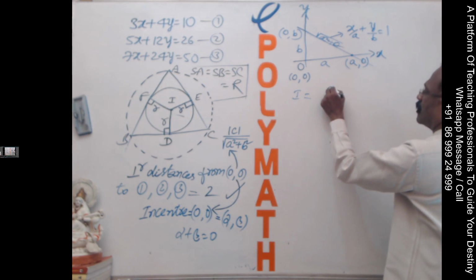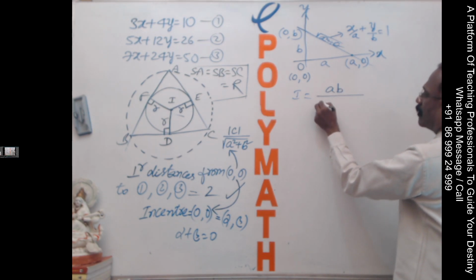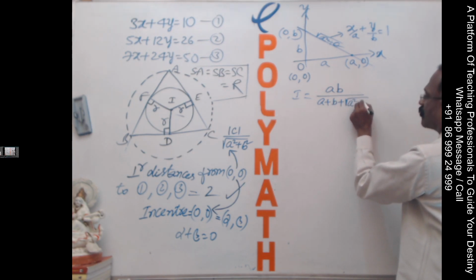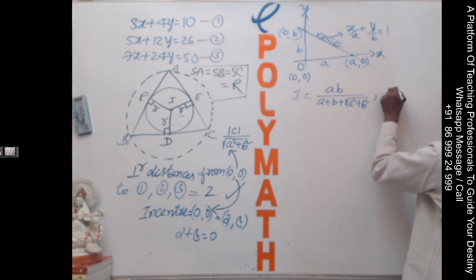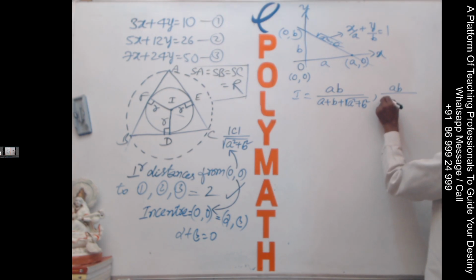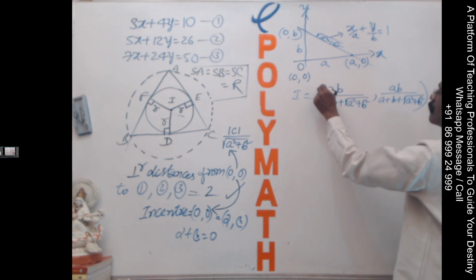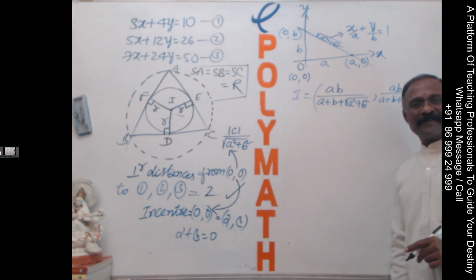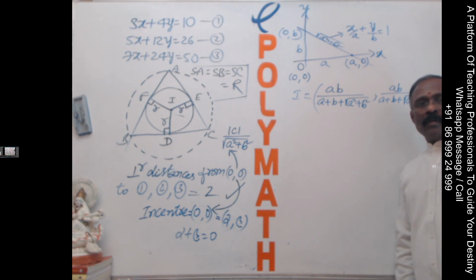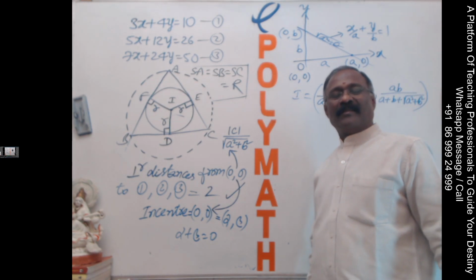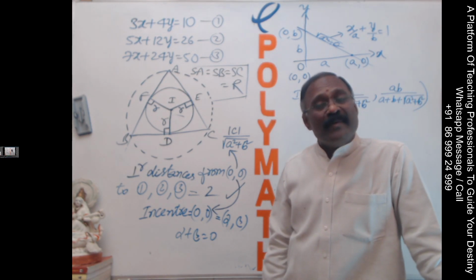In center is AB by a plus b plus root over a square plus b square, comma AB by a plus b plus root over a square plus b square. X and y coordinates will be same for this.